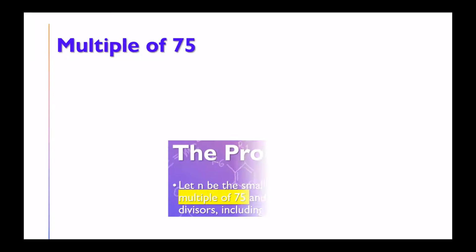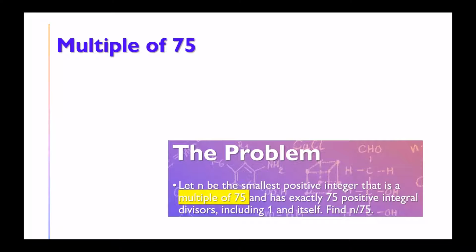So the first thing we notice is that n is a multiple of 75. What does this mean? Divisibility for 75 is divisibility for 3 and 25. What is the rule for divisibility by 3? You should know that from primary school.